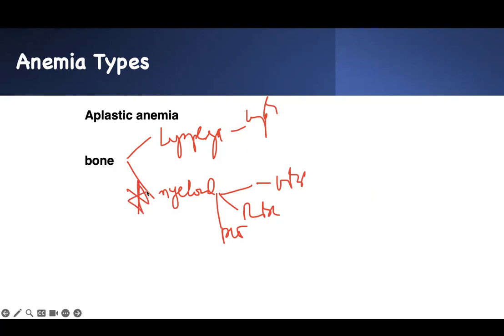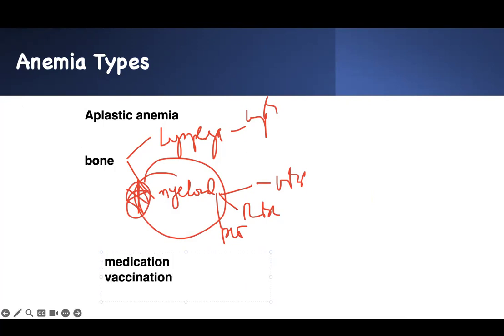Whatever is causing the aplastic anemia, it affects the myeloid origin. Sometimes it's medication. Medication can do that. Even vaccination can do that. Even a viral infection can give you aplastic anemia.